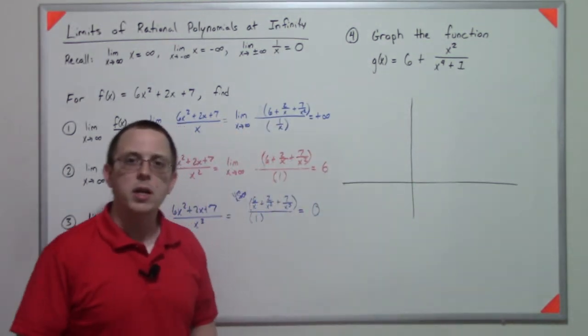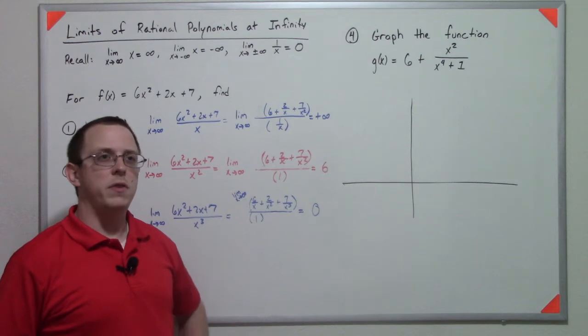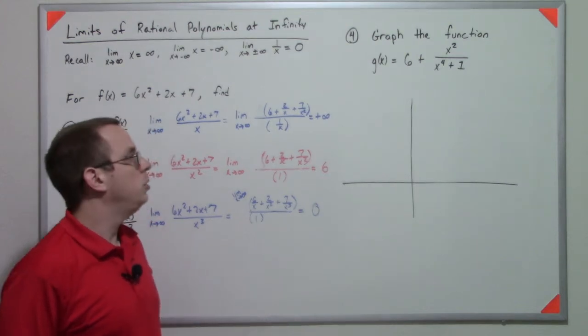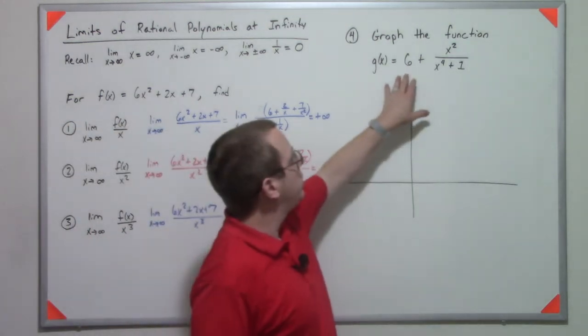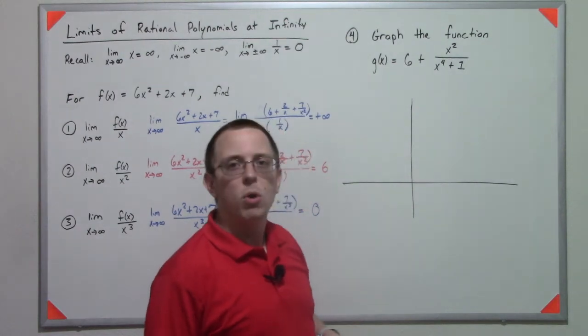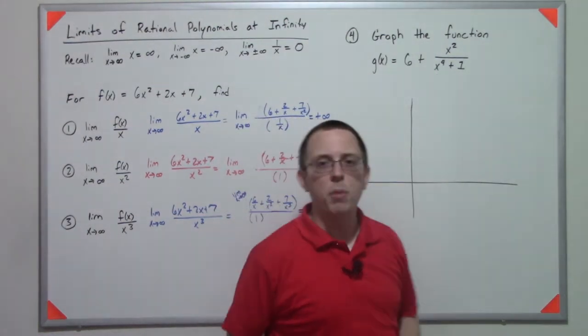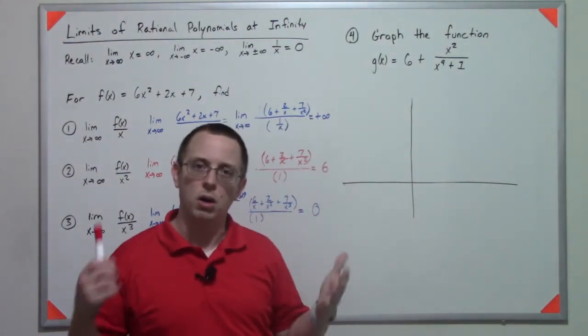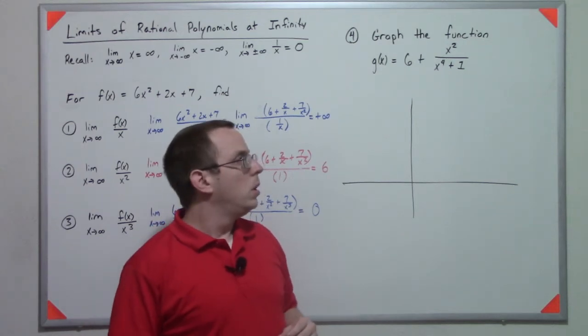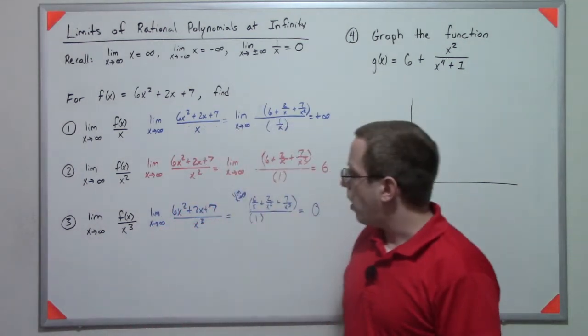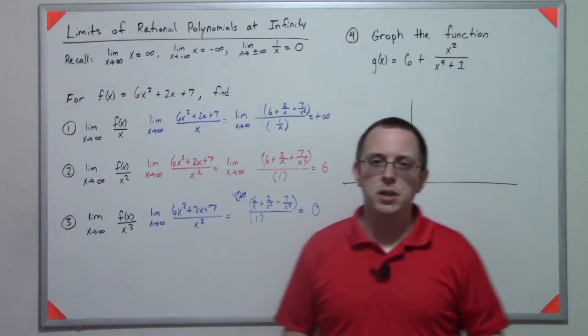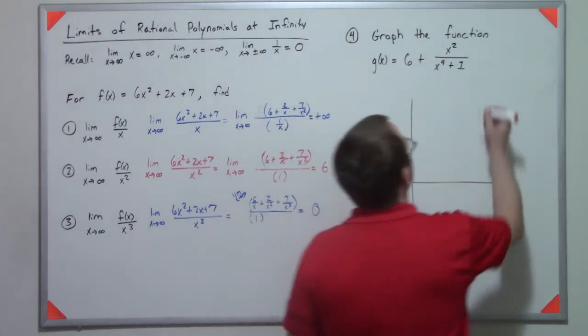So let's see if we can use that knowledge to analyze this function. I have 6 plus this. Now, what I notice is that the degree of the polynomial is larger on bottom. So since the degree is larger on bottom, I'm going to expect this case. But let's rewrite it just to be safe.